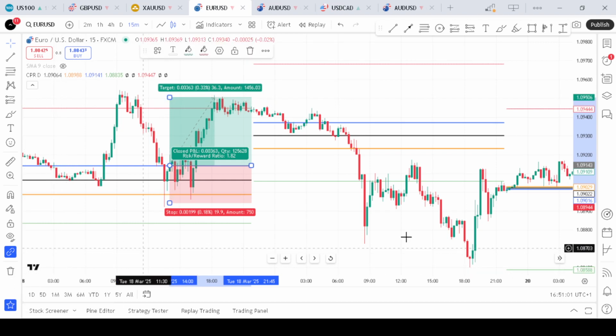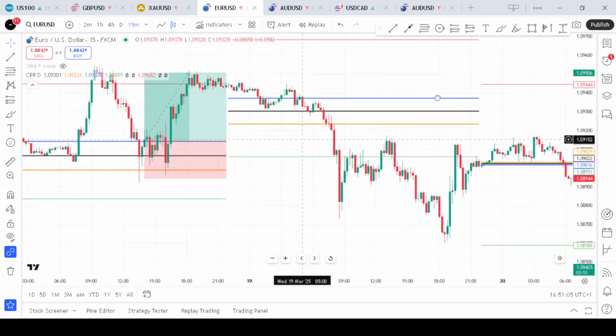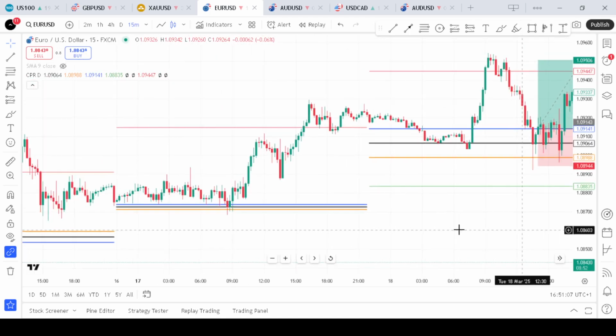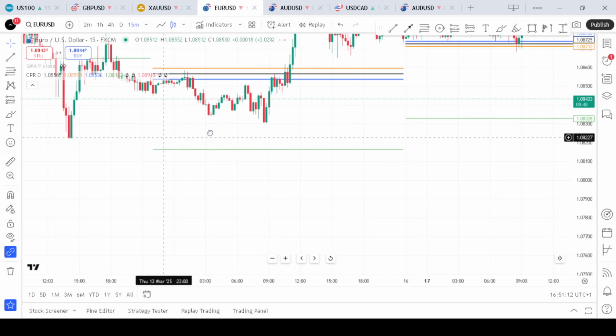Now for a bearish setup, let's look for a trading setup for the bears.